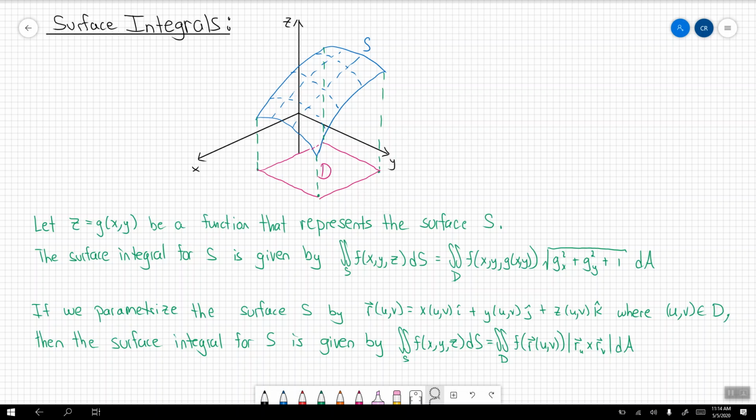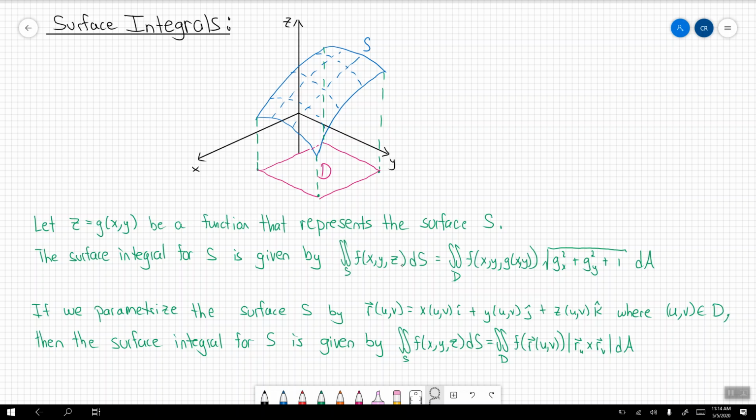Now, the reason I want to do this is because we're going to start defining what a surface integral is. On the definition on the screen here, you're going to see that it says, let z equal g of x, y be a function that represents a surface S. The surface integral for S is given by this double integral over this specific surface, which we denote with S, for this function f of x, y, z with respect to the surface.